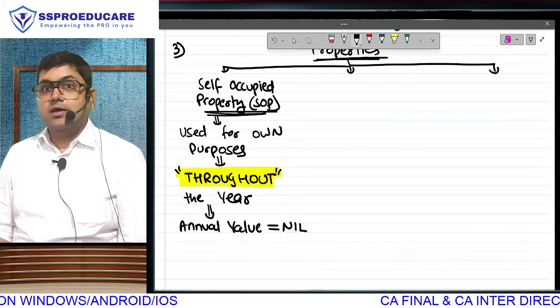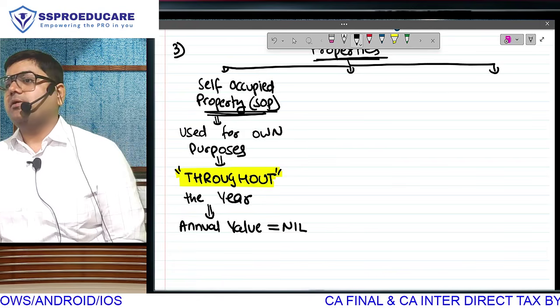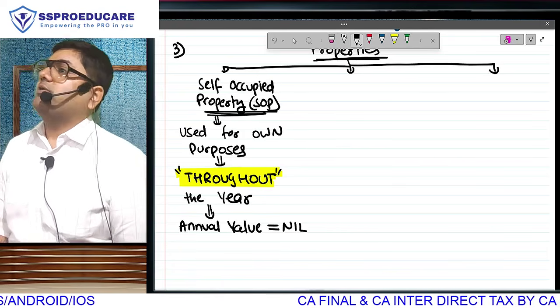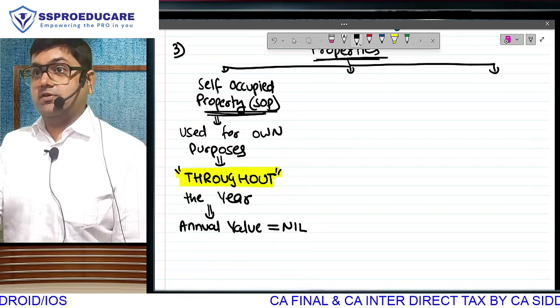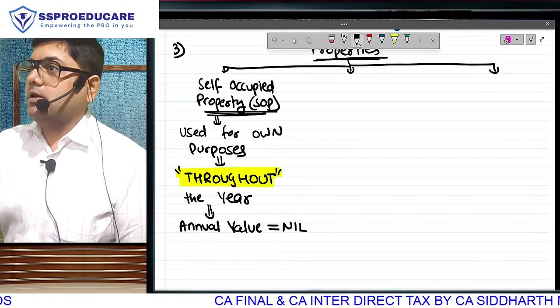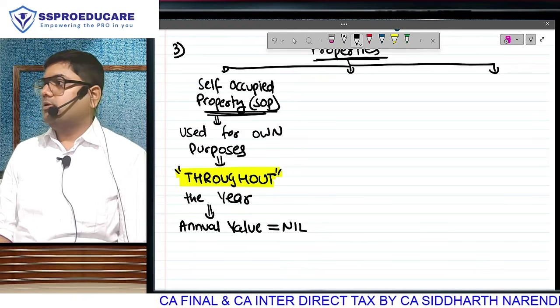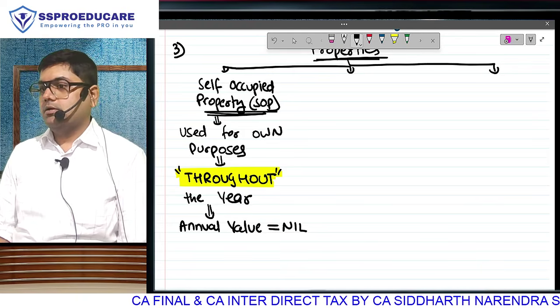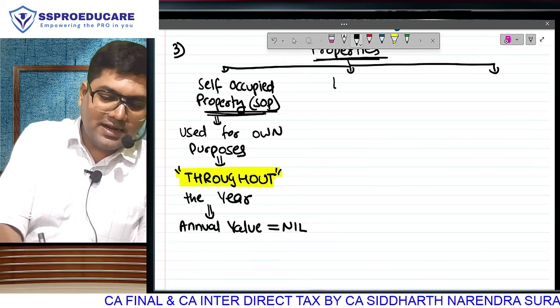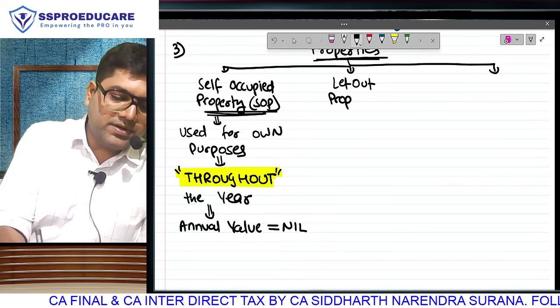After today, multiple times I may ask you, what is the tax benefit on SOP? Annual value equal to zero. And when we say annual value equal to zero, it means taxable income equal to zero. Correct? But then there is a second category called let out property.